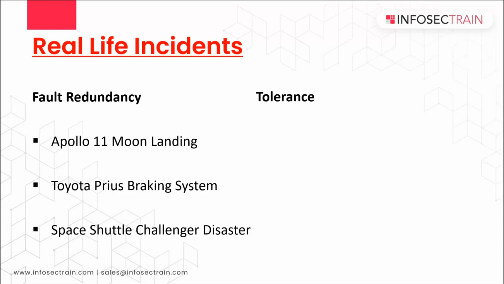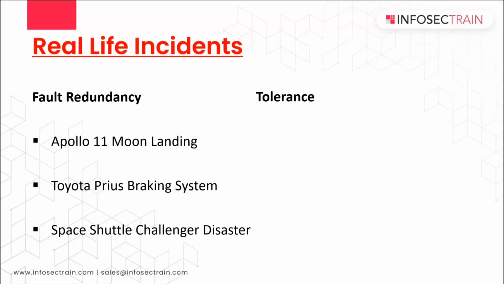This disaster was caused by a failure of the o-ring seals on one of the solid rocket boosters, which allowed hot gases to escape and damage the shuttle's fuel tank.